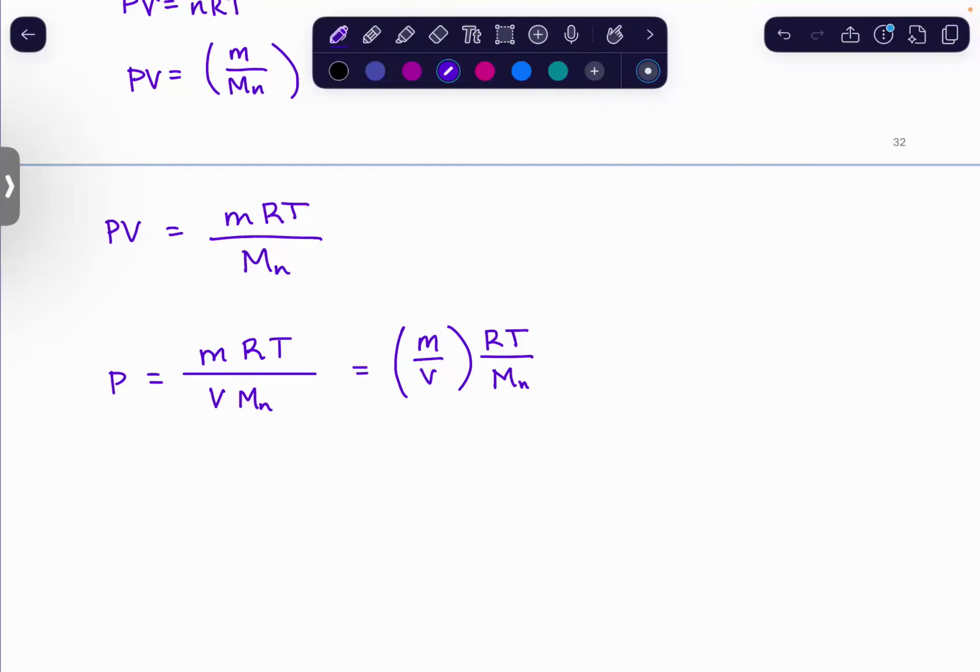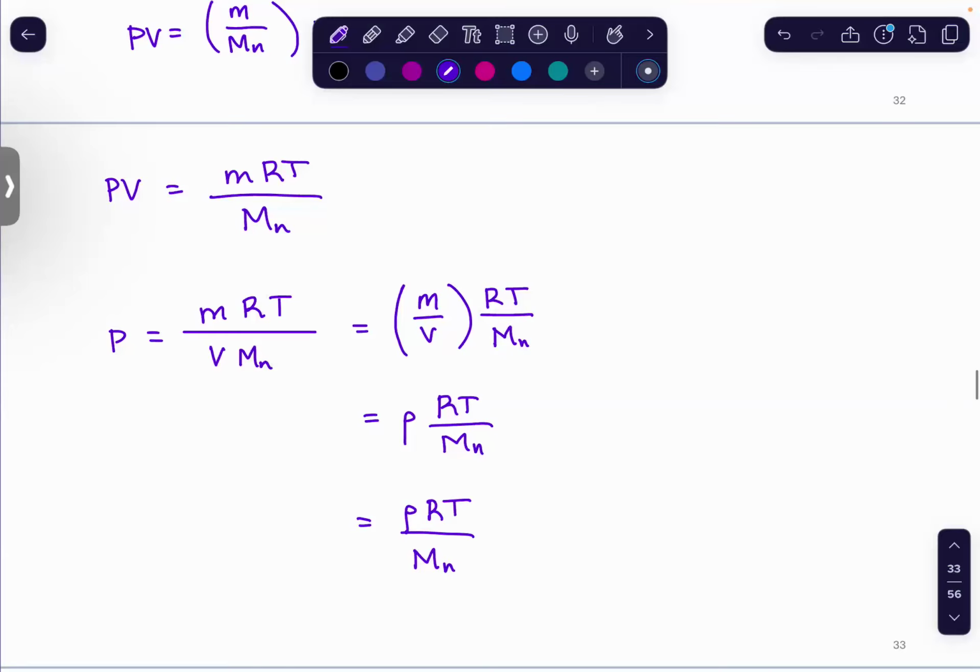And what is mass over volume? Do you remember that? Mass over volume is our definition of density. And so when I multiply the rho back in, it's going to be rho RT over molar mass.